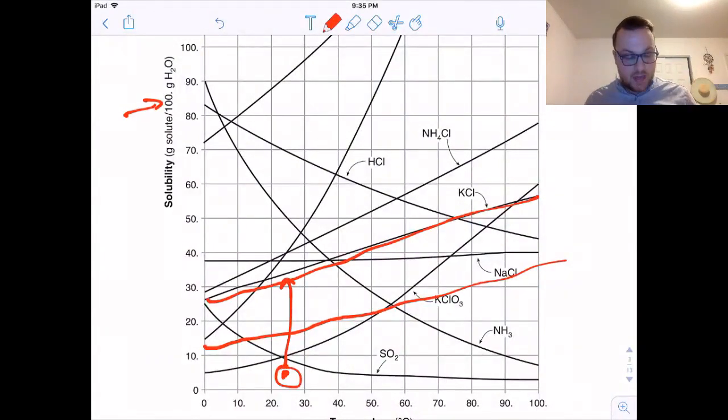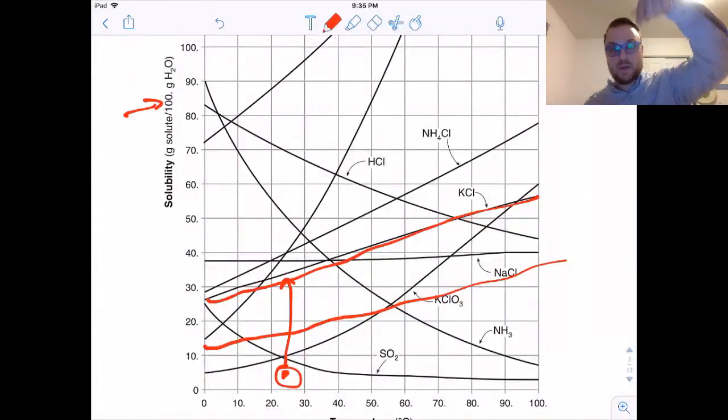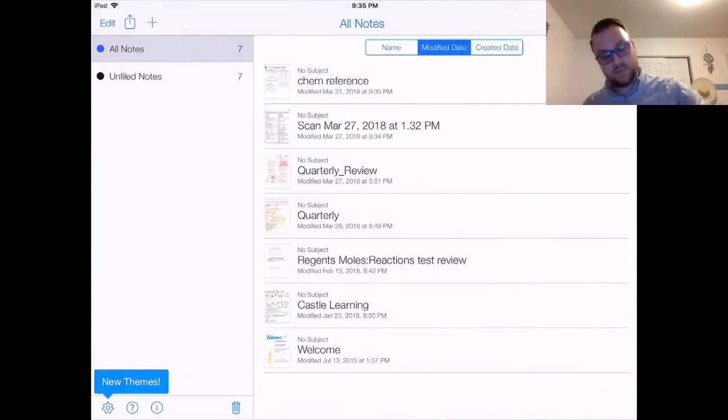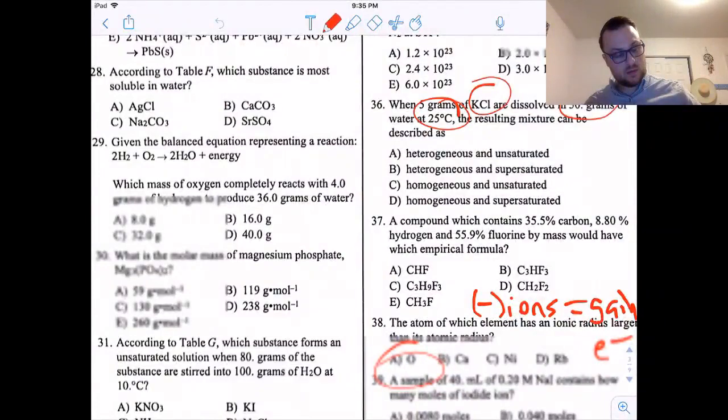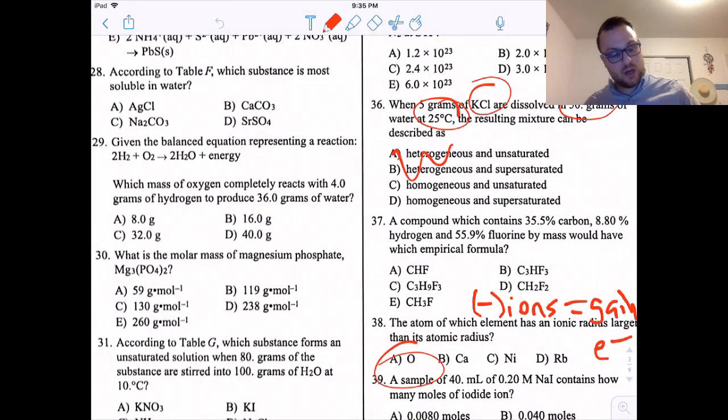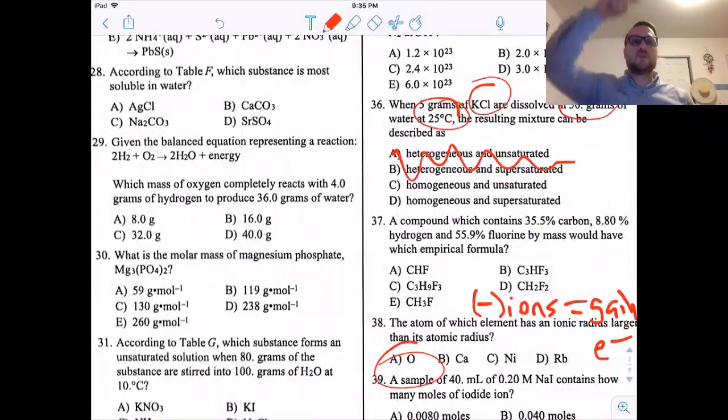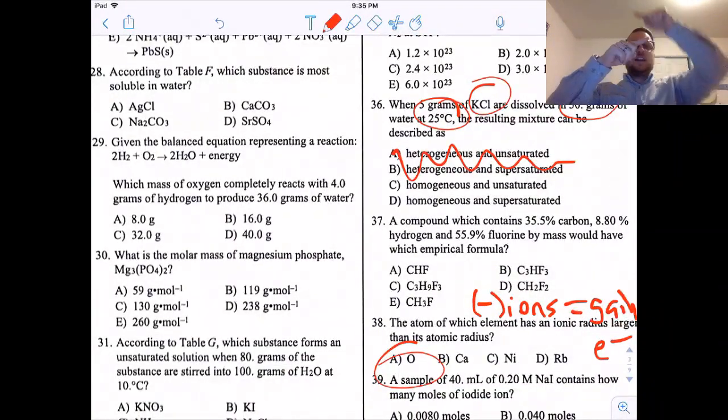So let's look at the answers. If you're saturated or unsaturated, you are homogeneous because it's all dissolved. If you're over the line, you've dissolved up to the line, and anything above it is not dissolving, which means it's heterogeneous because it's not mixing. So I believe we said we were unsaturated and homogeneous. And the end.